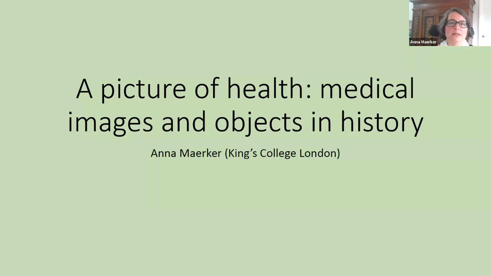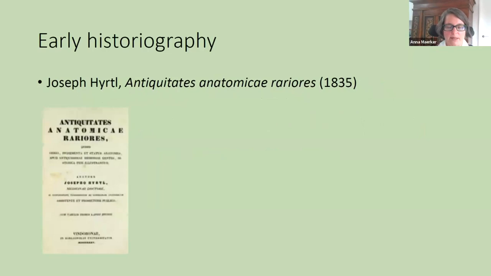And if we look at early examples, they frequently served as celebrations of medical achievements, or they presented historical curiosities to fellow medics. A good early example of this is Joseph Hirtel's Antiquitates Anatomicae Rariores, published in 1835. That's really something of a grab bag of historical goodies.